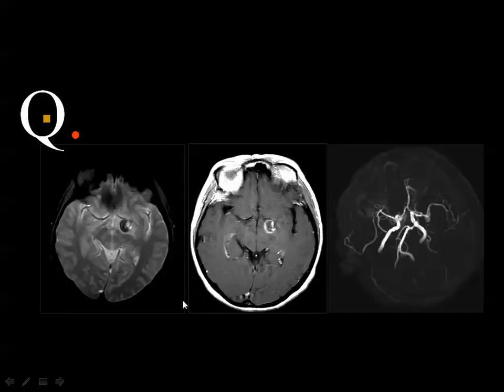Axial T2, T1 post contrast MR angiography of the brain. Where is the lesion?